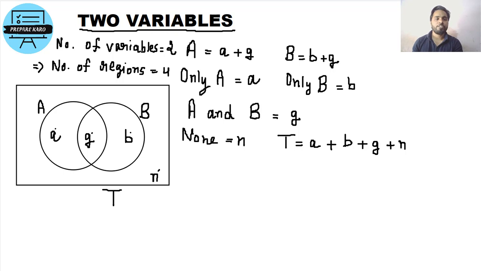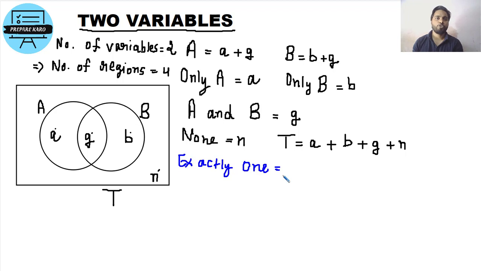Okay. After this, if I ask you exactly 1, what does this exactly 1 mean? Exactly 1 means either only variable capital A or only variable capital B, right? There should be exactly one variable present, not less than 1 and not more than 1.